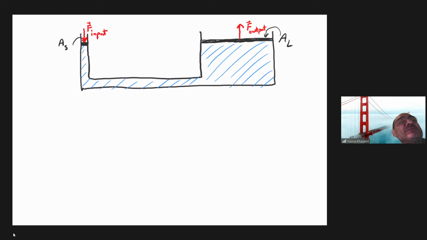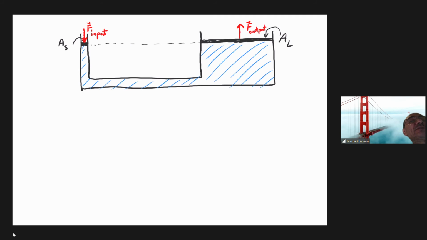This is obvious. Now we want to find a relationship between these two forces. That's not difficult, because we just said if we're at the same height, I can calculate the pressure everywhere in this liquid at the same depth.